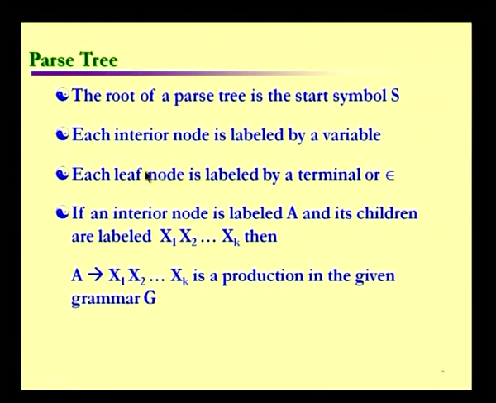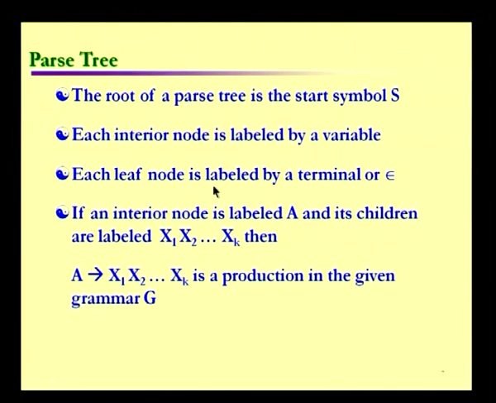And as far as leaf nodes are concerned, they are labeled with terminals or the empty symbol, because they cannot be further expanded. That is the meaning of a leaf node. So, when you are constructing a derivation, once you have obtained a terminal, it is immediately considered a leaf node, because no further expansion is possible.